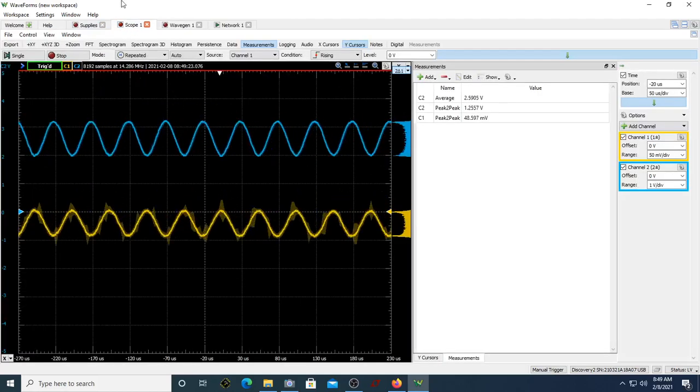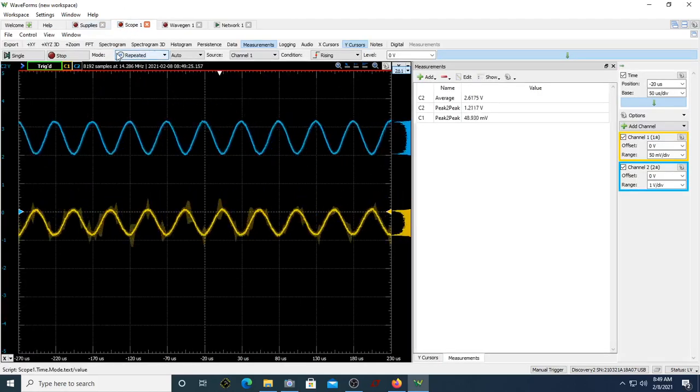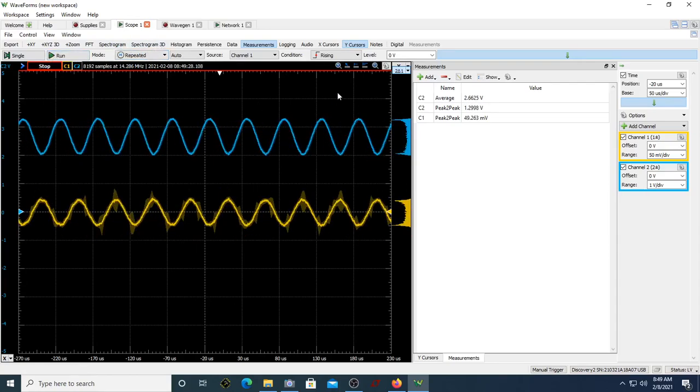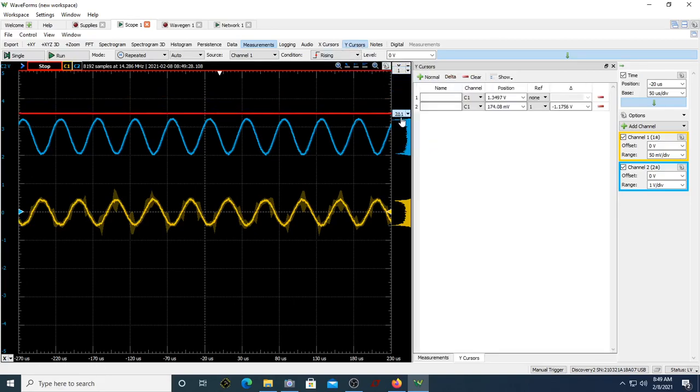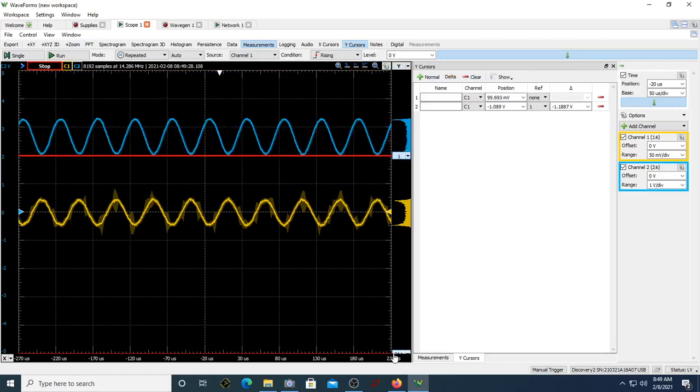Okay, now this is at this point of time for the Bode plot what I got. Let me stop it now. Okay, let me take the X cursor, Y cursors, and then place them appropriately so that I am able to properly measure them. Now I have to take the reference of C2.